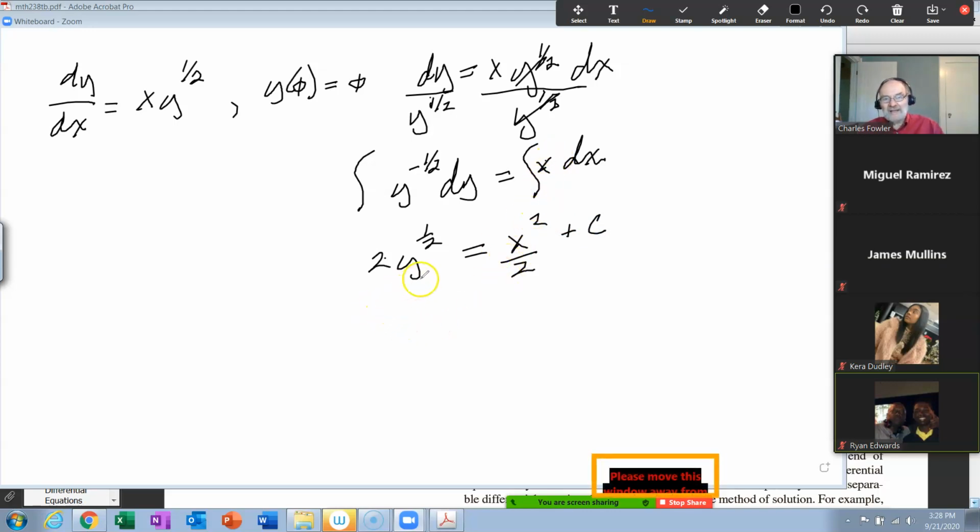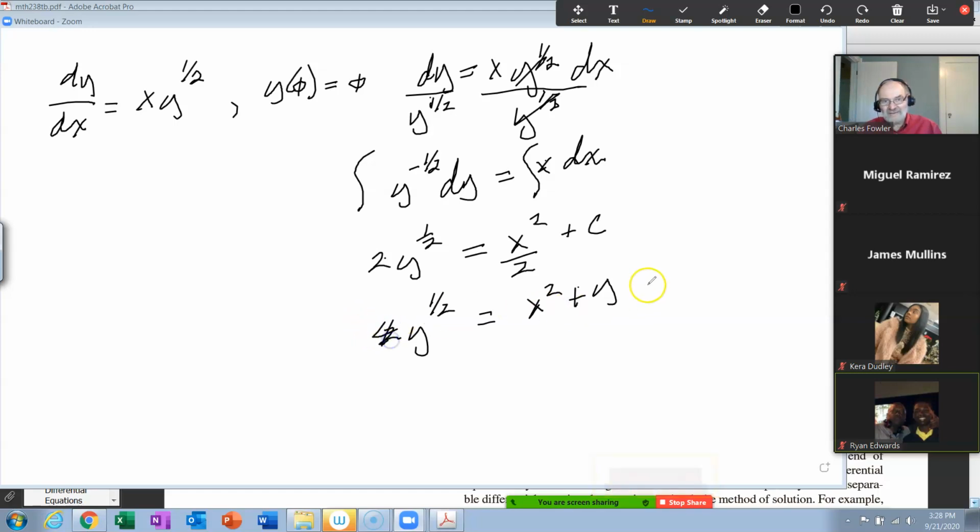Now I don't really want that to be my c. Here's what I want it to be. 2y to the 1/2 is equal to x squared plus c. That's really a 4, and that's the c. Goodness gracious, I said c and wrote y.